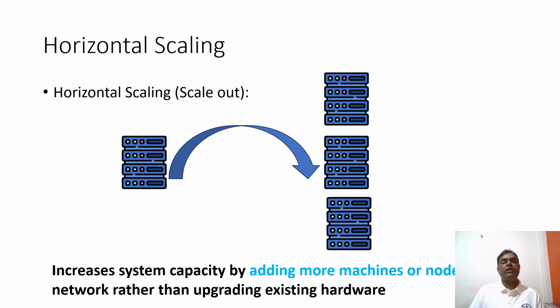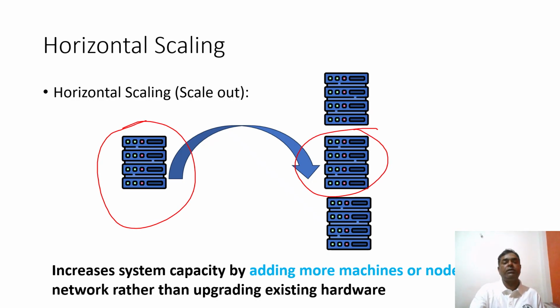Horizontal scaling, it is known as scale out. It means what? If I have this one server, what I am doing here is adding this server that is available with me with other servers.